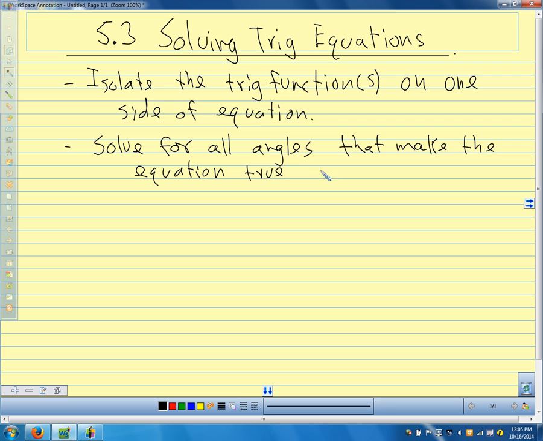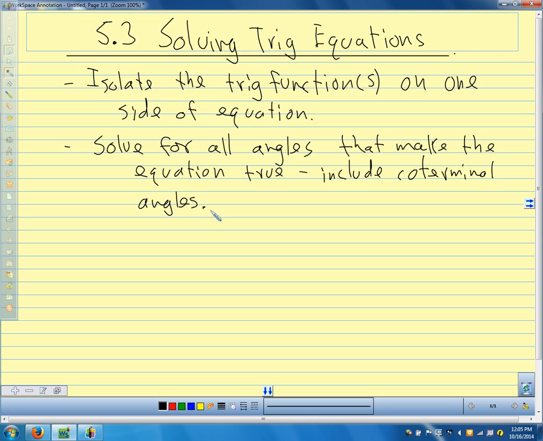And we have to include coterminal angles. But including the coterminal angles is easy, so we'll talk about that when we actually do it. So this is our general idea.